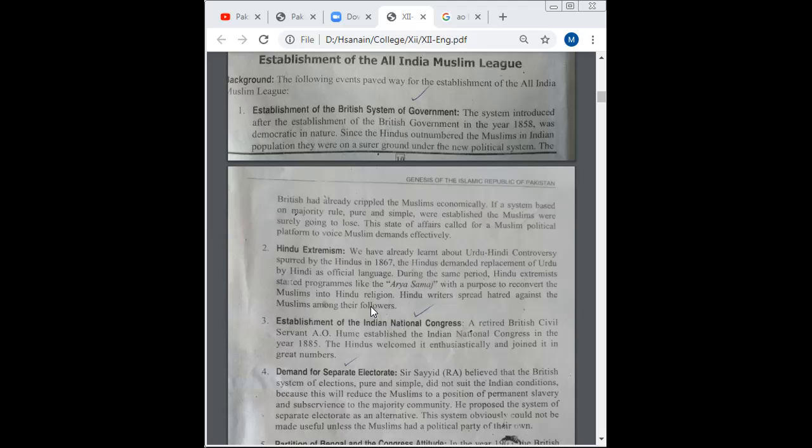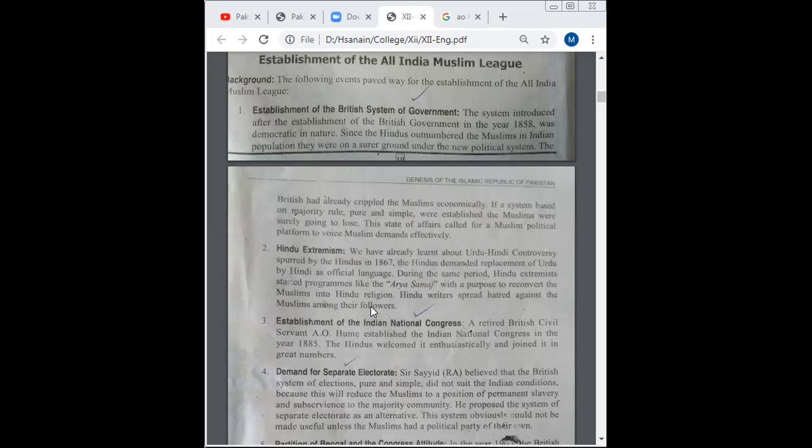Because without having a political party, no community can avail their political rights. So the British system of government is the most important cause of the establishment of the All India Muslim League.